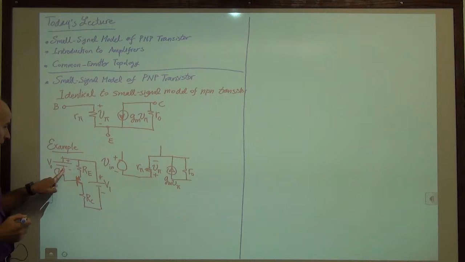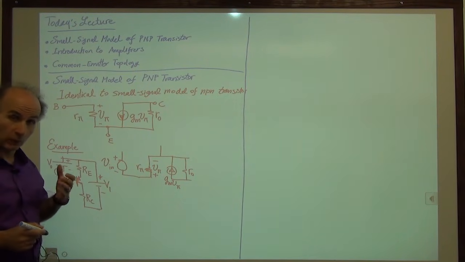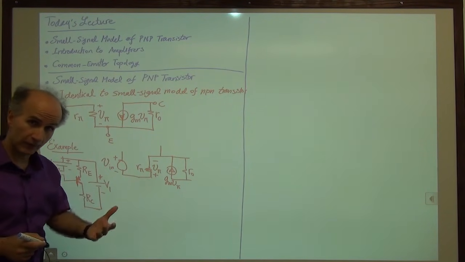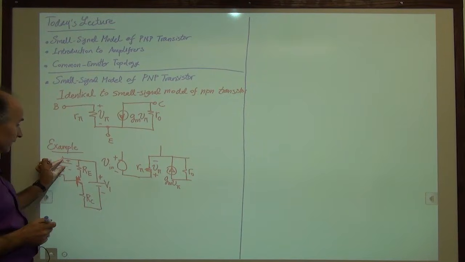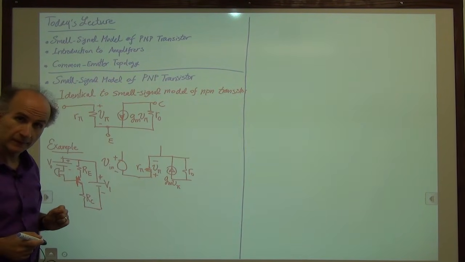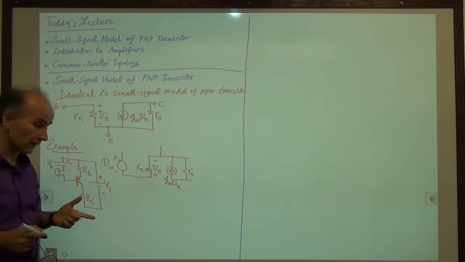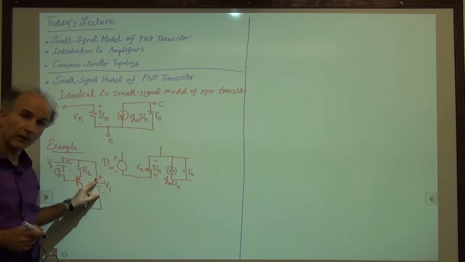Then after the microphone, we have a battery that goes to this top wire. What do we do with the battery? If you remember last time, we said that for small signal operation, where we deal with changes in currents and voltages, constant voltage sources become short circuits, because their value does not change with time.